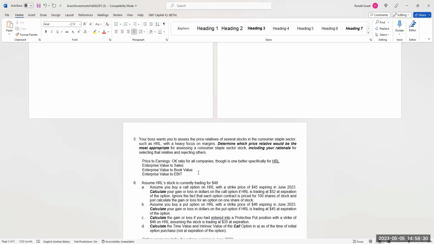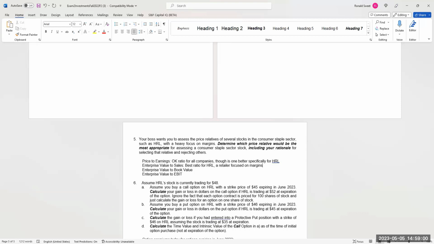Enterprise value to sales, this is the best ratio for HRL, a retailer focused on margins. And look back on the notes on that, make sure you have the groups down. We talked about with tech and high growth companies, you want to use EV to EBITDA or EV to EBIT or PEG ratios. For heavy industry, a lot of property, plant, and equipment, price to book.